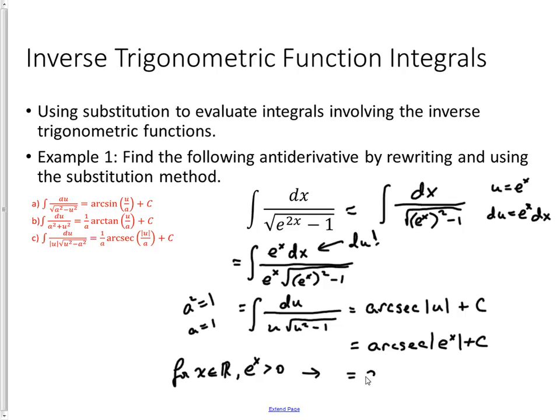And so we'll just rewrite this as the arcsecant of the function e to the x plus the constant. And that is our antiderivative here.